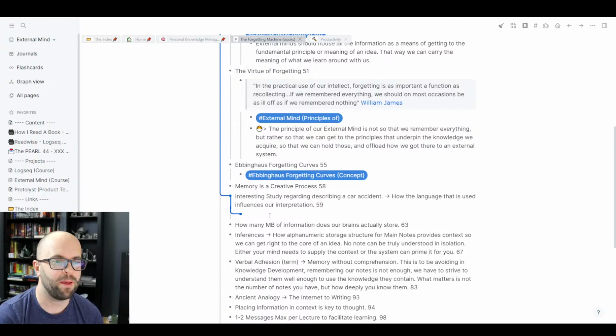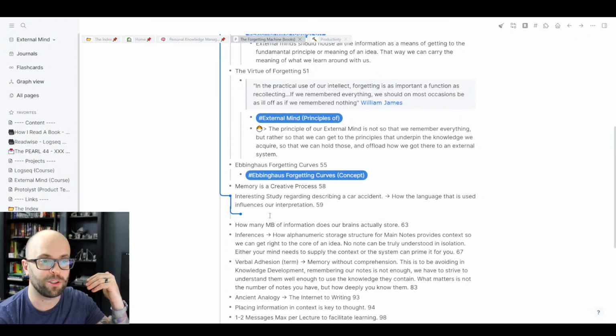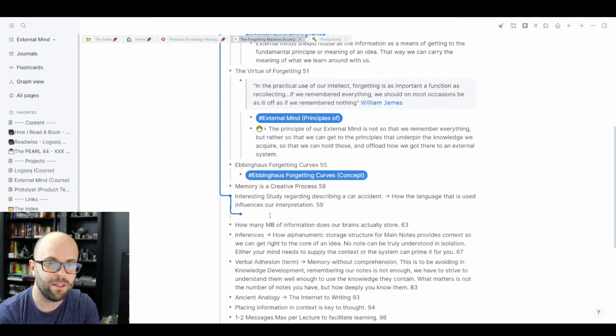And then they had people watch a video and asked them questions like, how fast did you think the car was going? How much damage do you think was done to the car? And depending on the word that they were primed with, crash versus bump, they had different interpretations from the video. So if you heard crash, you thought the car was going a lot faster than if you weren't using that.